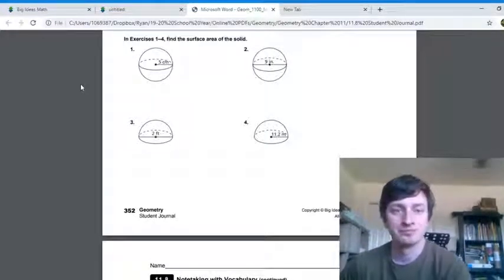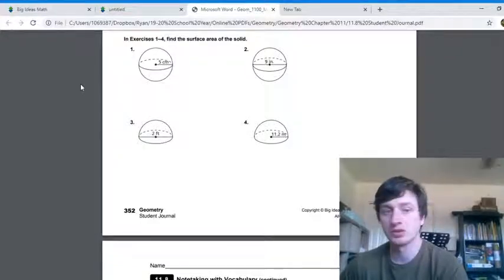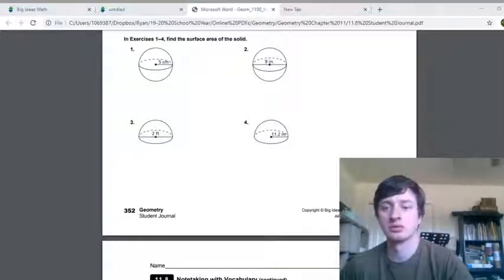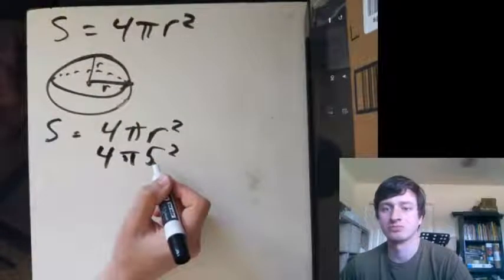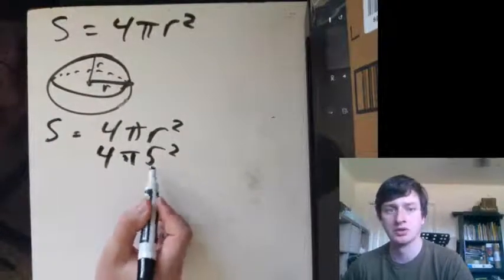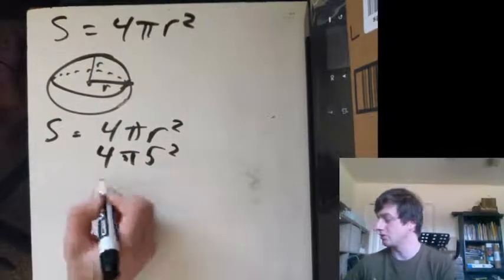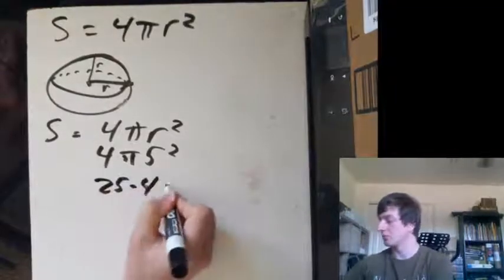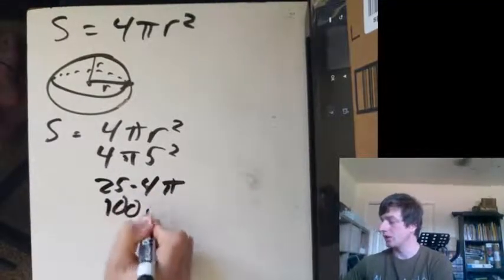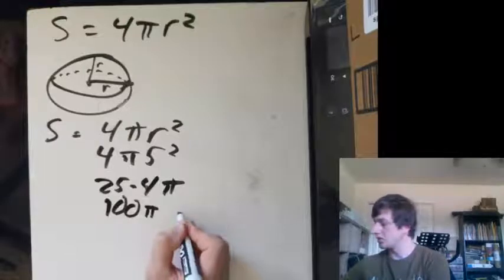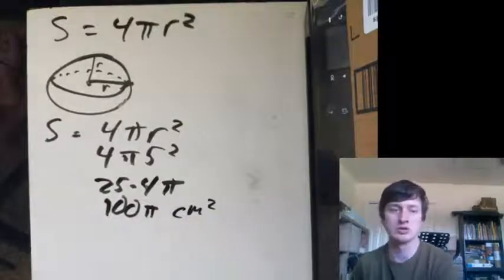So we do 25, right? 5 squared is 25. Okay. Radius is 5. 5 squared is going to be 25. So 25 times 4 times pi is 100 pi centimeters squared. Would be our surface area.